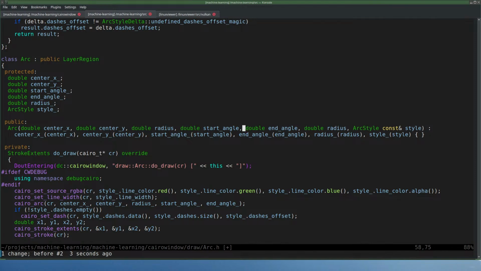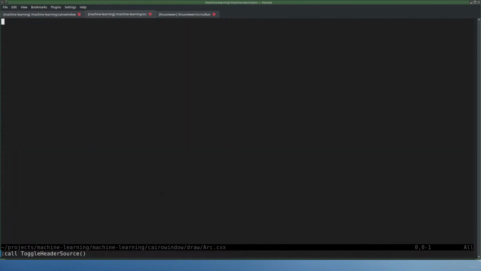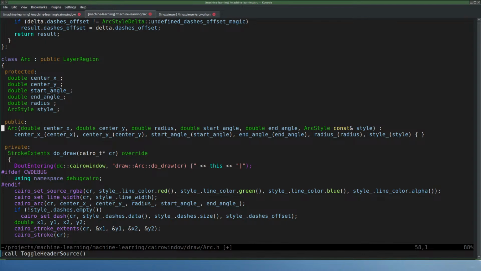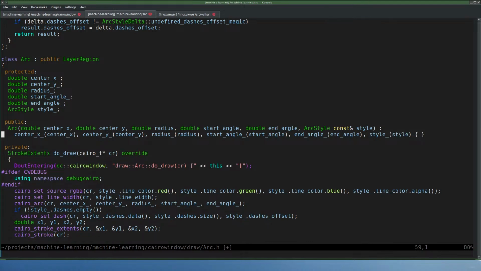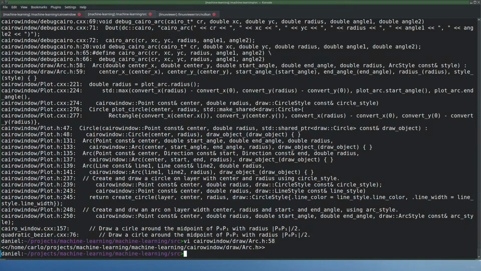What am I doing? I'm even going to swap that there, and then all the other cases.